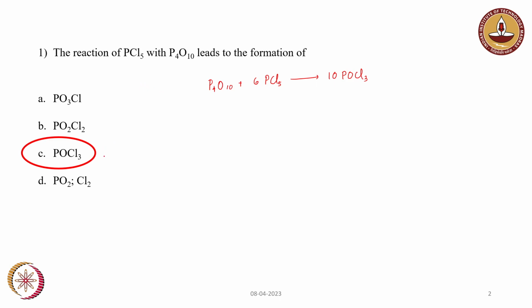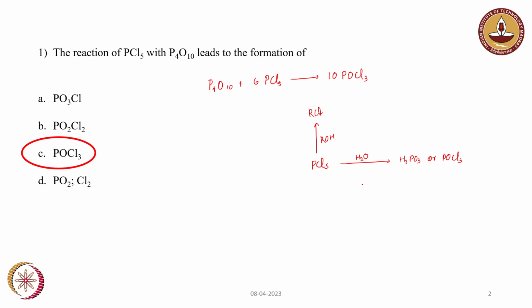So the other reactions of PCl5 are: with alcohols ROH, it will give alkyl halides RCl, and with water it will give H3PO3 or POCl3, depending upon the reaction conditions; products vary.